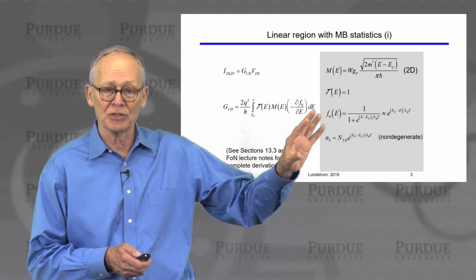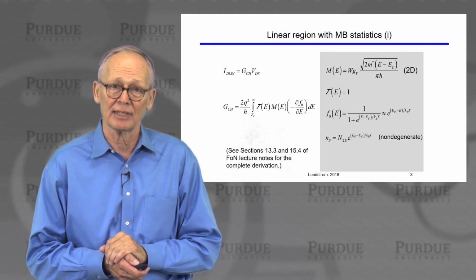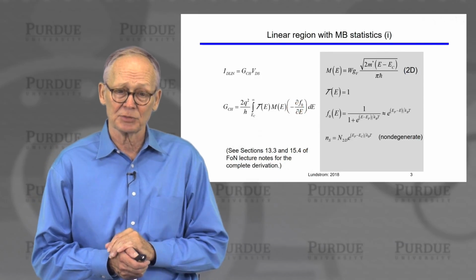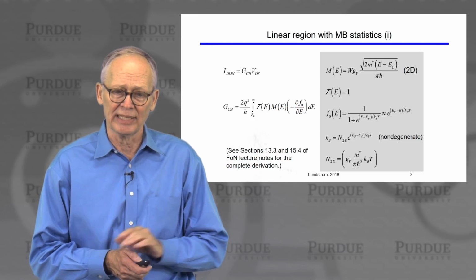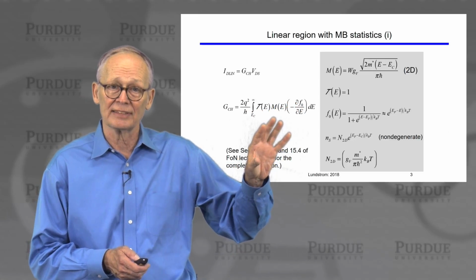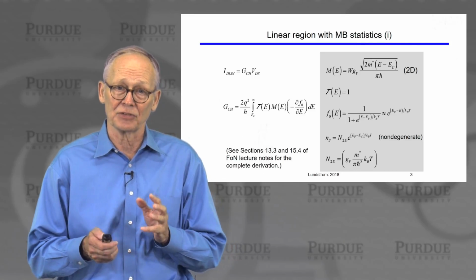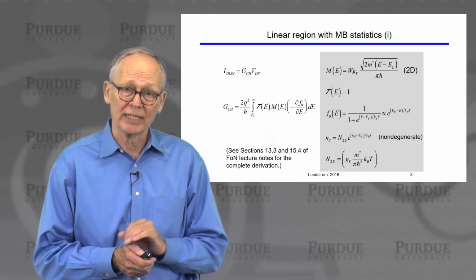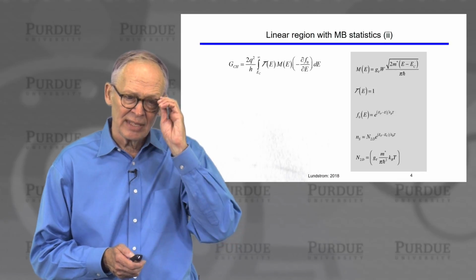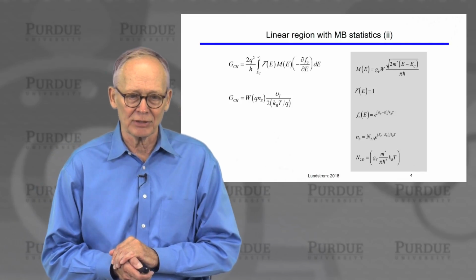We can work that out in 2D, and in the non-degenerate limit, it's given by this expression. And that effective density of states is related to the 2-dimensional density of states and the thermal energy kT. So with that input, we can work out that integral, and I'm simply going to show you the result.